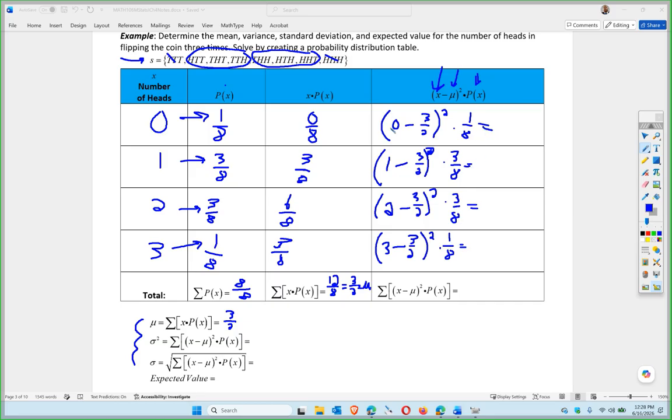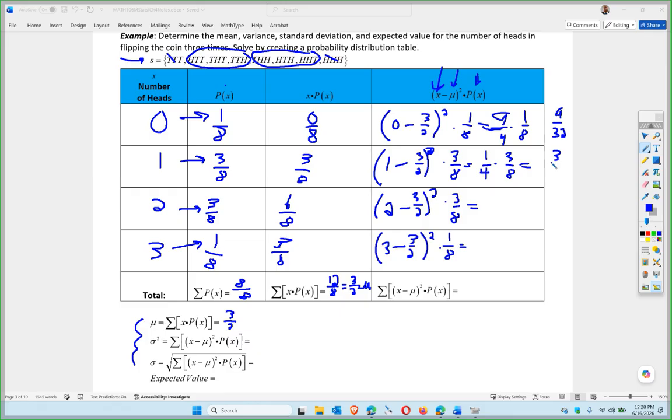So this is basically 0 minus 3 halves, so I square that, I get 9 fourths. 9 fourths times 1/8 will give me 9 thirty-seconds, correct? All right, so 1 is really 2 halves, minus 3 halves is 1 half, so I square it, I get 1/4 times 3/8.